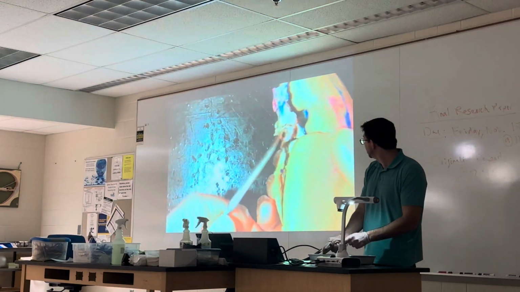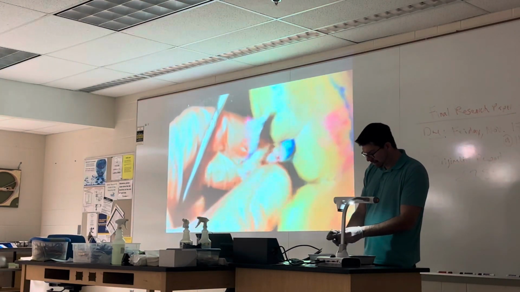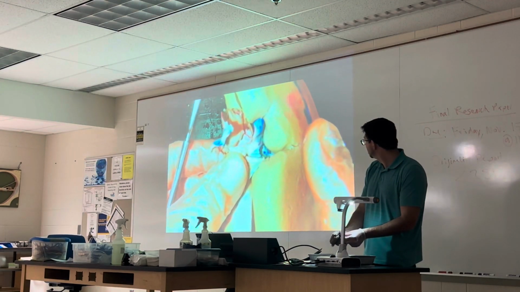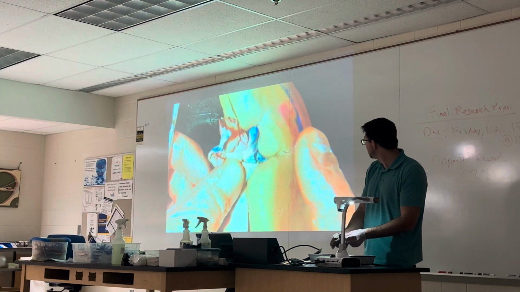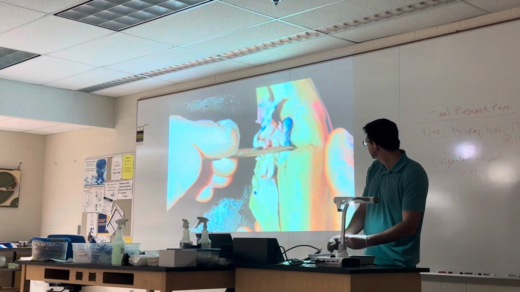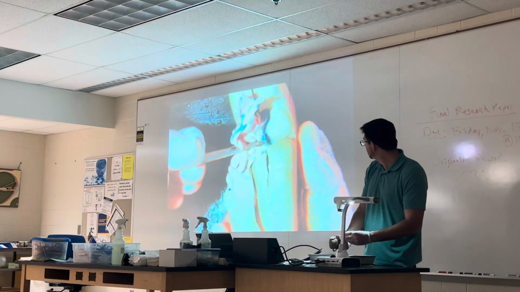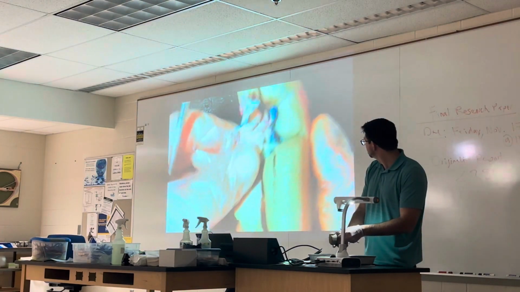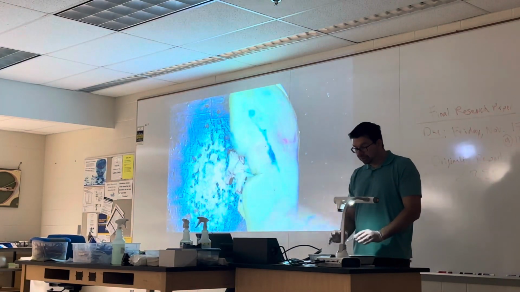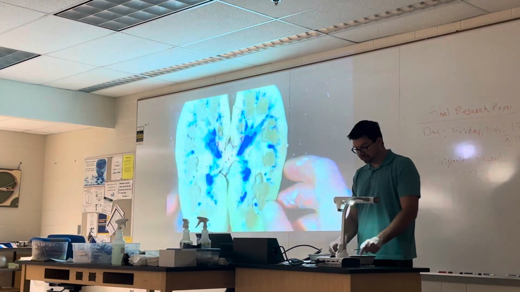Okay, so renal artery right here, and then actually right there, you can see it. Right there would be your renal vein in the blue. So right here is the renal vein right there. So there we go, renal vein right there. So those are the parts of the kidney that you need to know.